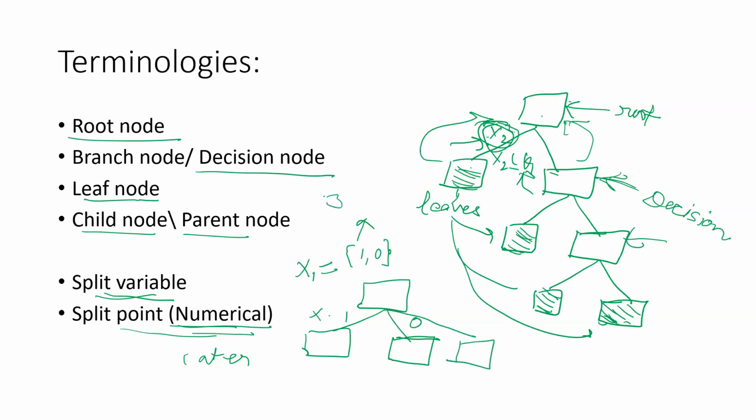For more than 3, you can group those categories, or if they are ordinal, you can group them according to order. But generally we use binary classification problems, or up to 3 class classification problems. So these are the terminologies which are used.